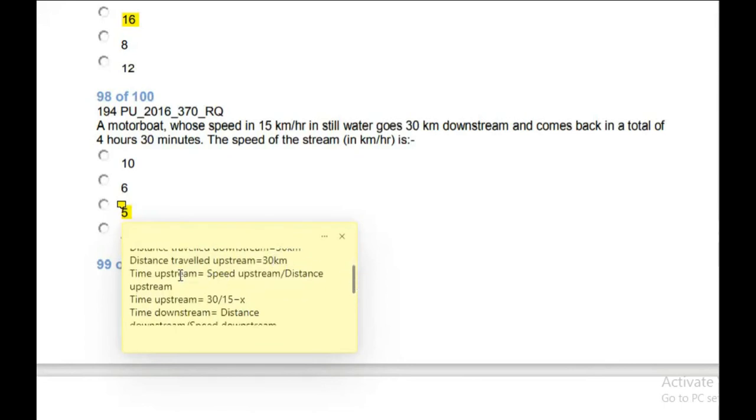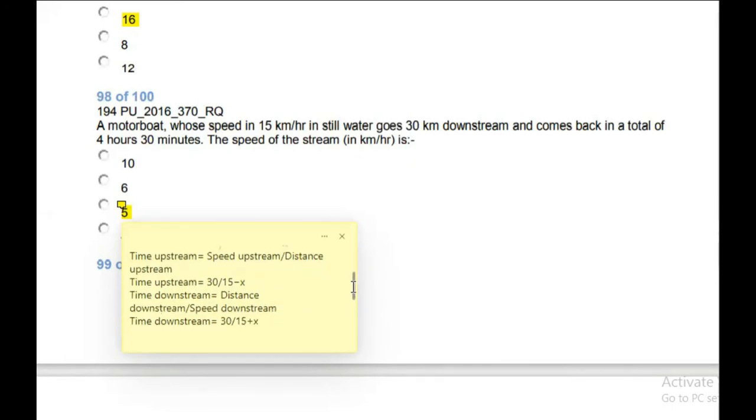Time of upstream is equal to distance of upstream by speed of upstream. So time of upstream is equal to 30 by 15 minus x. The time taken to move through the downstream is distance of downstream by speed of downstream.